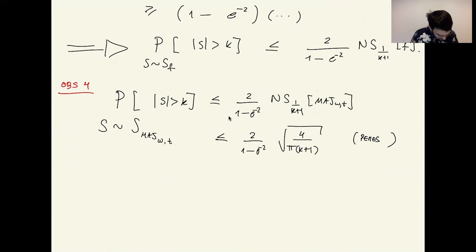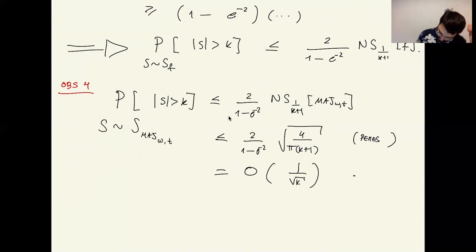So bottom line, this is O of 1 over root K. So that's what you have to have in mind. And let me recall what the majority is.